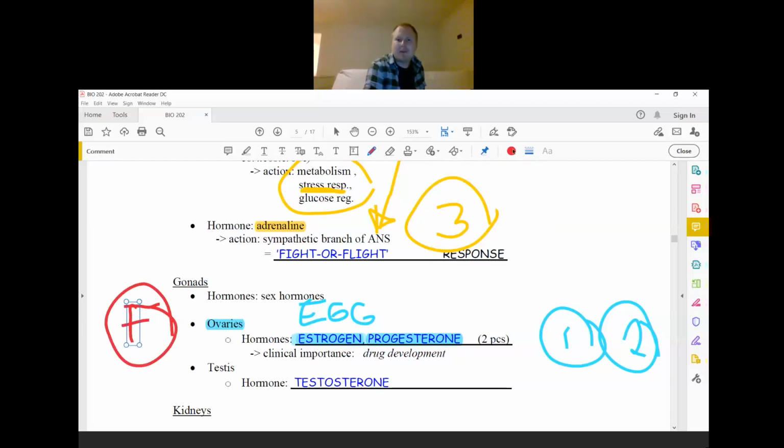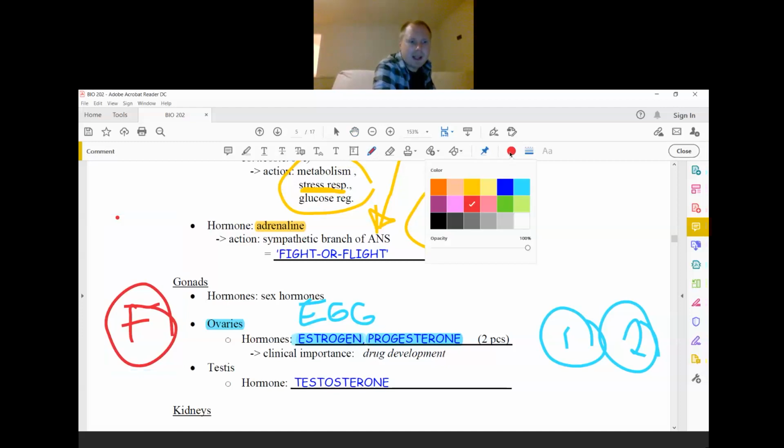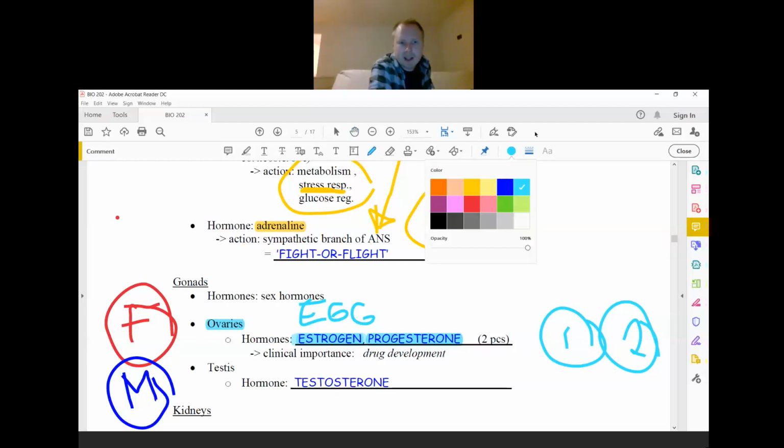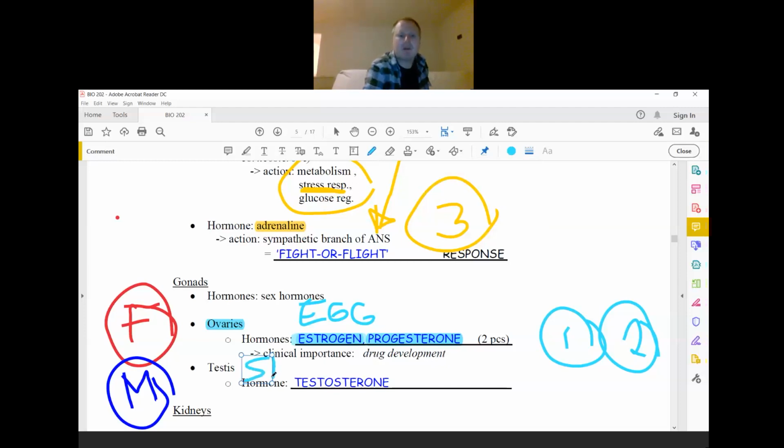Let's have a look at those for the male primary sex organ. So that's going to be, of course, our testes. And what testes do is produce, of course, the sperm, also known as the spermatozoa, which is the male contribution to reproduction.